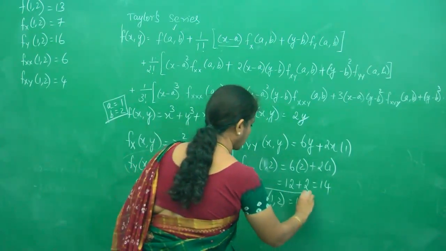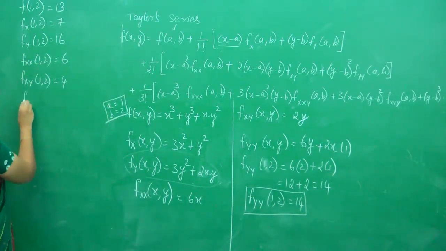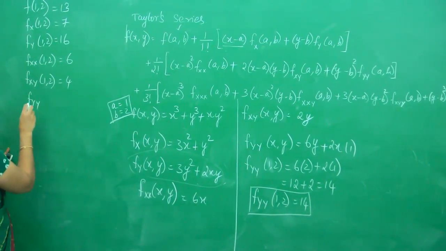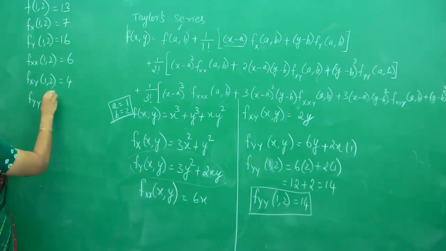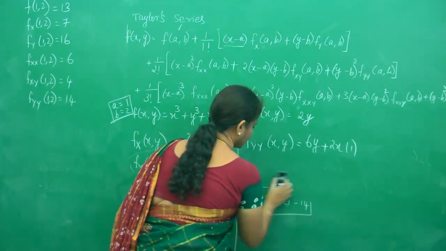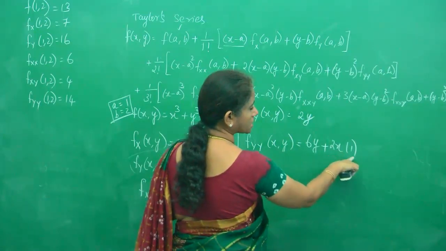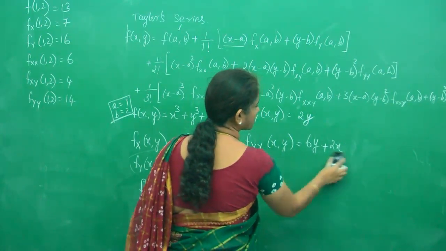So draw a rectangle and keep it ready for you. Let me write it here for my reference. fyy of 1, 2 is 14. And I am erasing this one part because 2x times 1 is 2x. So I am just erasing it.